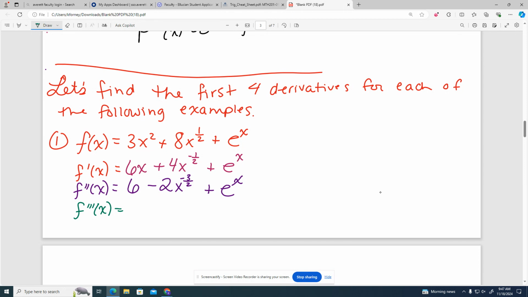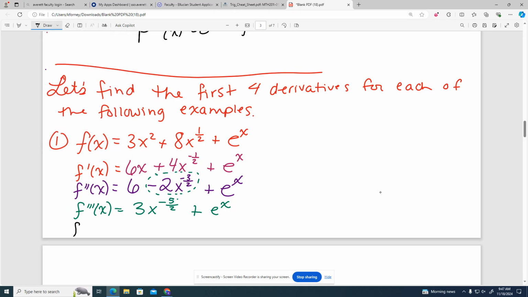So, now what happens to this when we take the derivative? It's going to become a positive 3x to the negative 5/2 plus e to the x.